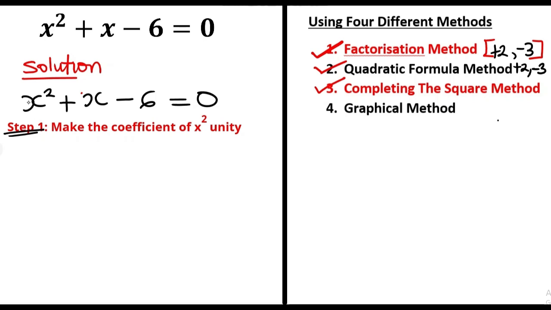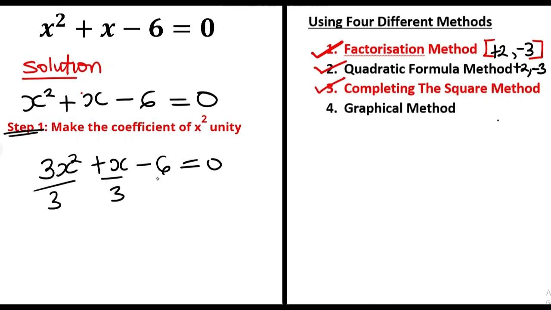In case the coefficient of x squared is not 1, let's say we have 3x squared plus x minus 6 equals 0, we apply this step 1 by dividing the whole thing by 3, that is, each term divided by 3.